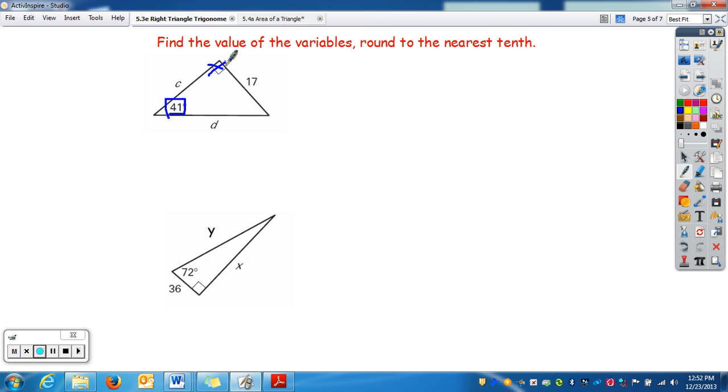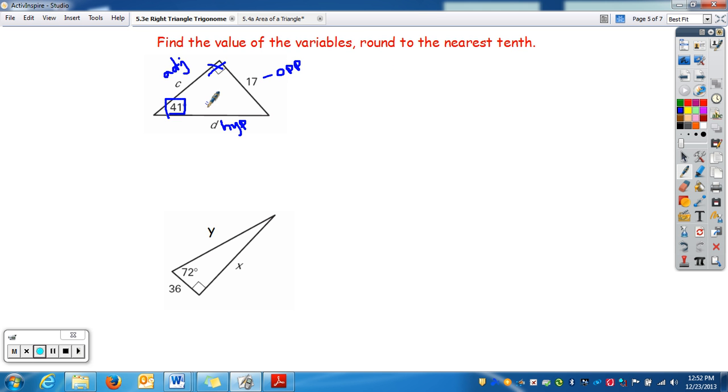When you get more advanced in trig, you can see why, but we always want to use the 2 acute angles. So we have 41. Well, then 17 has to be our opposite. And this one has to be my hypotenuse, and then this is my adjacent. I like to write them out to help me remember which one is which.